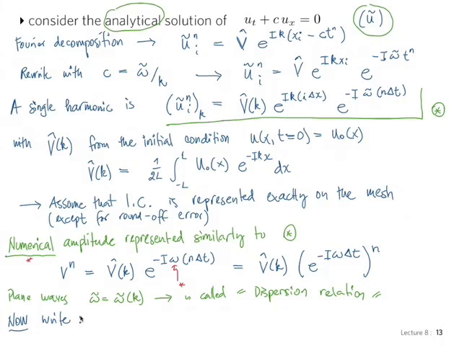Recall that Vn is equal to the amplification factor G times Vn minus 1. And Vn minus 1, I also can use the amplification factor to write it. So we could again have another G, so G squared times Vn minus 2. And since it doesn't depend on time, I can do it for all time steps and so on until G to the power n times V0. But V0 is the initial condition, so this is G to the power n times V hat k, our initial condition.